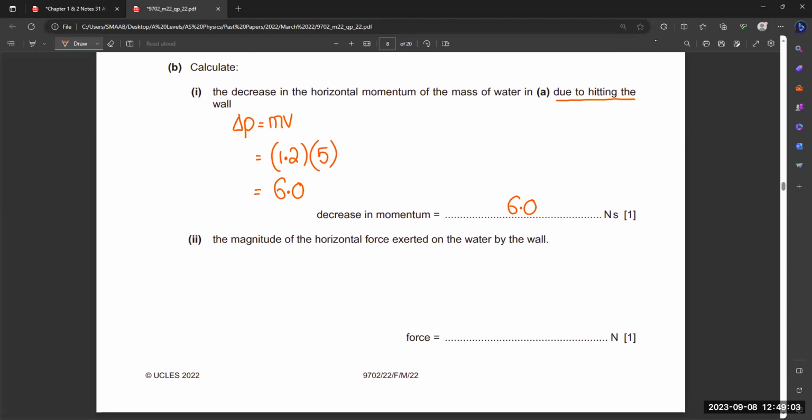So in part B, what we need to do is take the time and the decrease in momentum, so 6, and we divide it by 1.6, and you will get 3.8. 3.8, right?